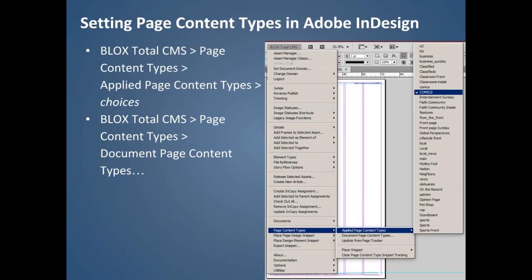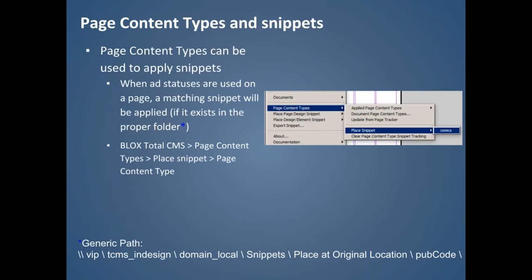So the other neat thing about these page content types, and some of our ad systems have supported this for some time, but now the majority of them support this, and which ones do and don't in just a few minutes. But if the page content type is being driven to us or sent to us via the advertising information, when the pages are created, if there is a page design snippet, sorry about that, that matches the page content type will automatically apply those page design snippets onto the page.